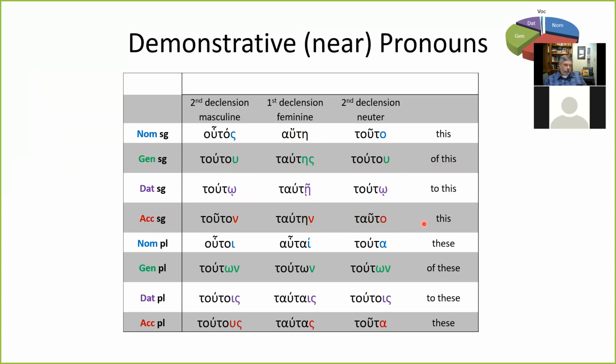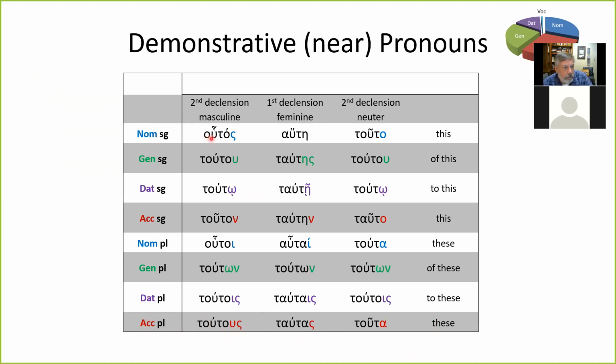In the plural: houtoi, hautai, tauta, meaning these. Genitive plural: toutōn, toutōn, toutōn, of these. Dative plural: toutois, tautais, toutois, to, with, or in these. And accusative plural: toutous, tautas, tauta, meaning these.